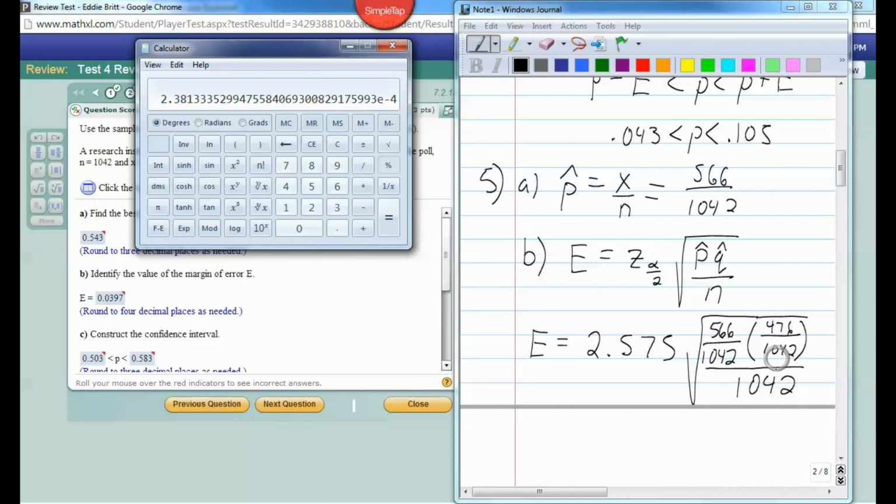That's what's under the radical. Take the square root of that, and then multiply by 2.575.